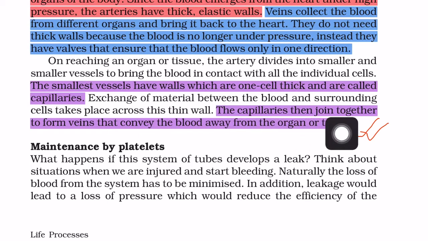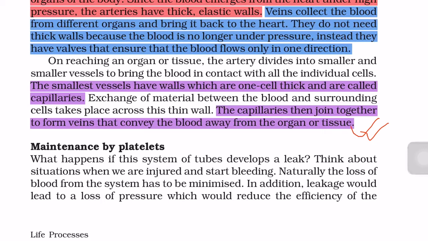The capillaries then join together to form veins that convey the blood away from the organ or tissue. Again, these small capillaries join together to form the veins, and these veins again carry the blood from organs or tissue to the heart.